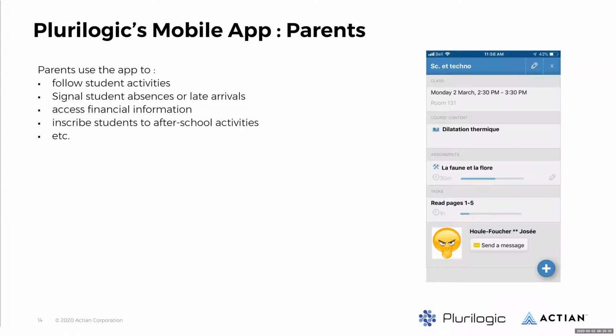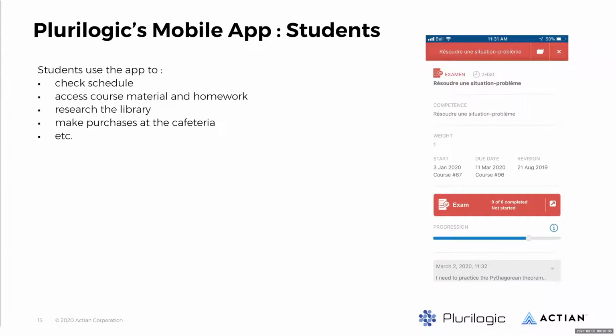Here's an example of course content, where we see homework, and there's an exam that could be taken online. It could be an evaluated exam or a non-evaluated one. Students can track the progress of their homework, keep notes, and anything that's needed to do their work. Next.